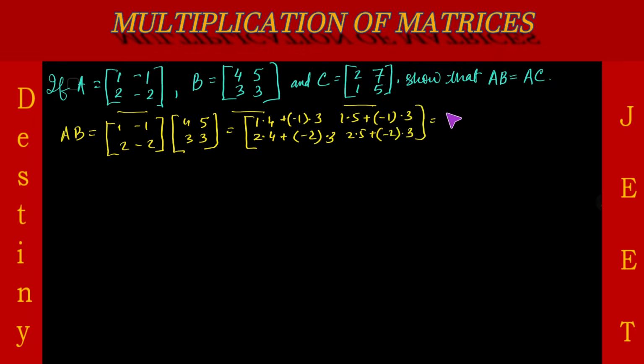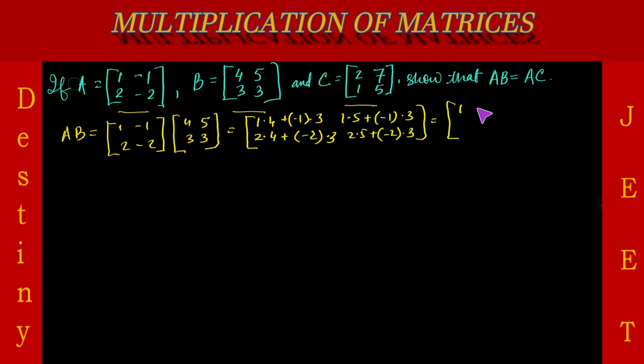We have to do the additions and subtractions, and finally you will get 1, 2, 2, 4. And this is the answer for AB.